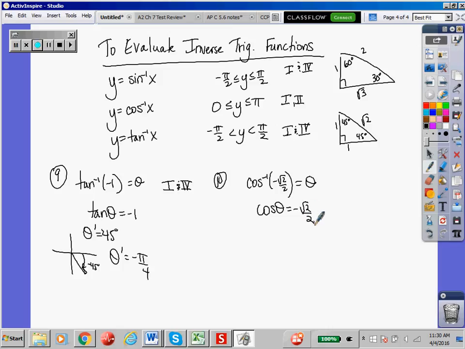Do you remember this from last year? Okay. All right, so cosine theta equals negative radical 2 over 2. What's the reference angle? Pi over 4 or 45 degrees. But inverse cosine is first and second quadrant. So it's 45 degrees away, so theta would be 3 pi over 4.